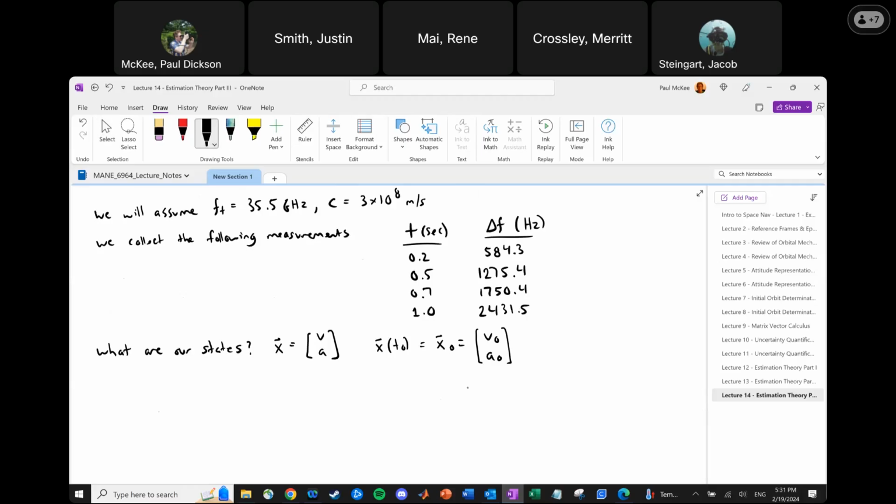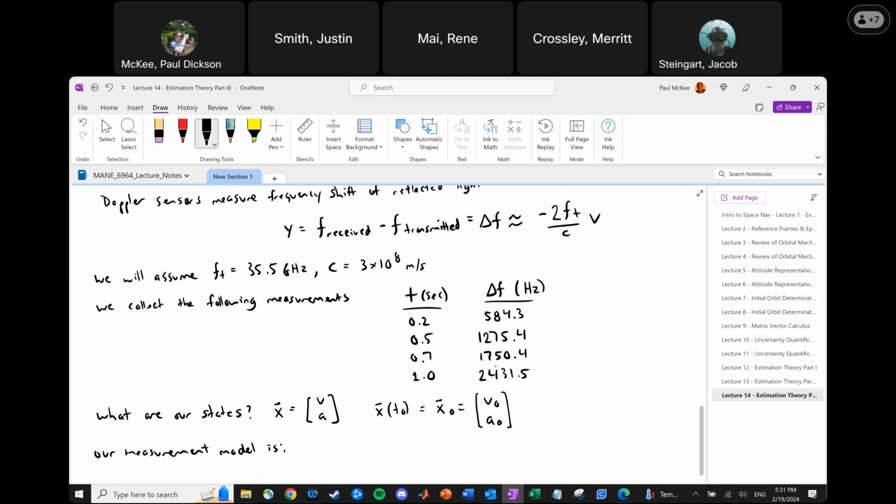So let's take our measurement model and write it as a function, because we want y equals hx, right? That's our linear system that we know how to solve. Our measurement model is, so we know we want it to be y equals hx.